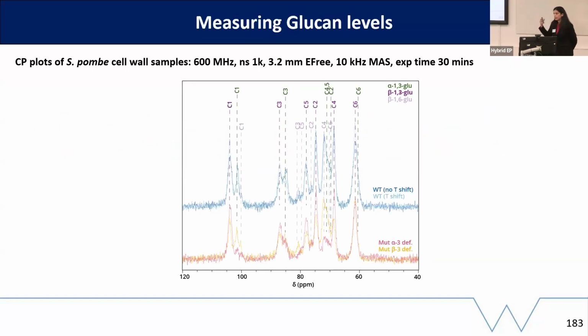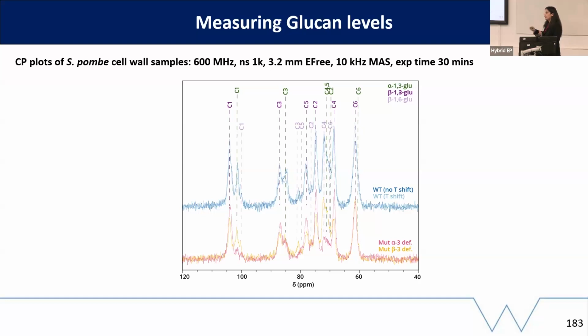Further, after looking at the 2D spectra, I went back to assign my peaks on the 1D CP spectrum of all the samples. And we observed the peaks of all the three glucans in the samples with different composition: alpha 1,3 glucan, beta 1,3, and beta 1,6.